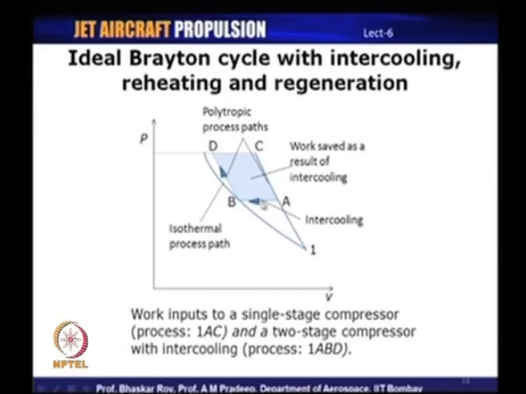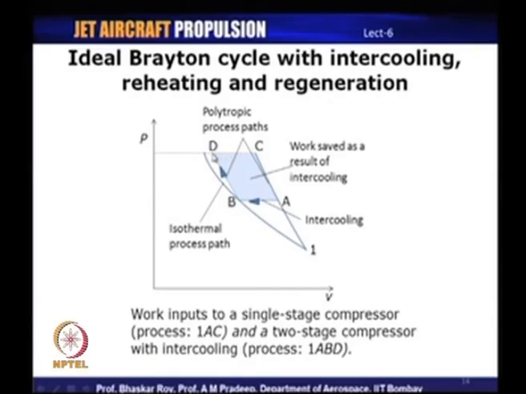What is shown here by the shaded area is the amount of work that we have saved as a result of intercooling, which means that if we had an infinite number of these stages of intercooling, the area under this whole curve will be the amount of work that we would have saved.